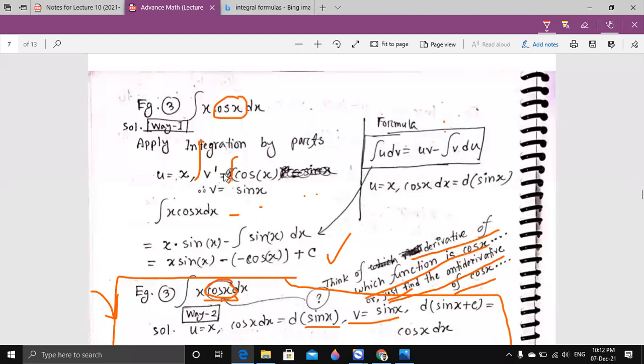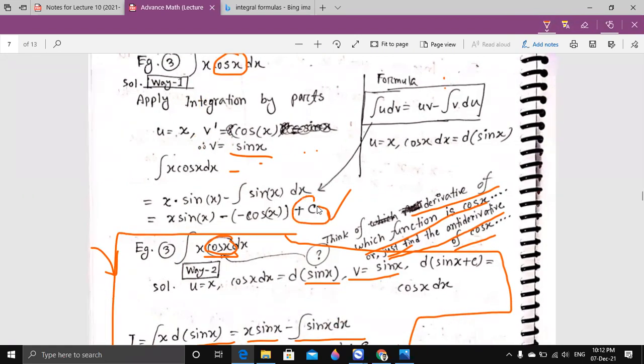Okay. So integration and this derivative sign get cancelled. So you get only v, and the integration of cos x will be sin x. Here there will be a plus c, sin x plus c. Okay, but for this we don't write plus c, because we will write plus c at the last part.